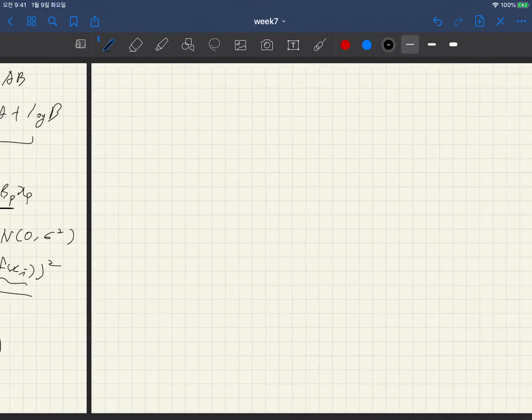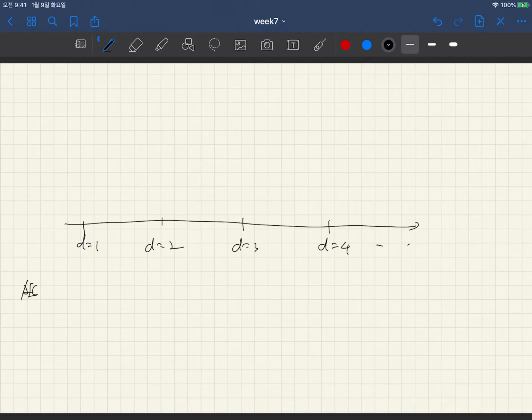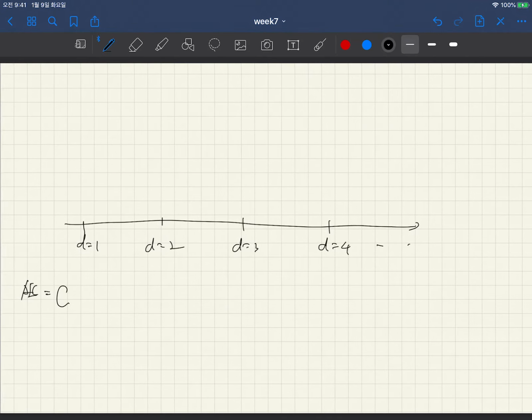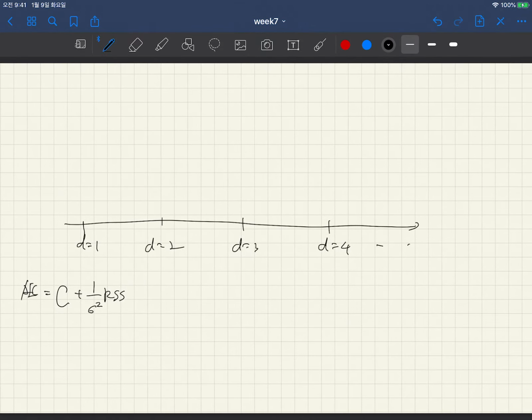So when you compare forward stepwise selection, the cases d equal to 1, d equal to 2, d equal to 3, and d equal to 4, and so on, the AIC value will be equal to some constant, because this is just a constant, plus 1 over sigma square times RSS plus 2d.